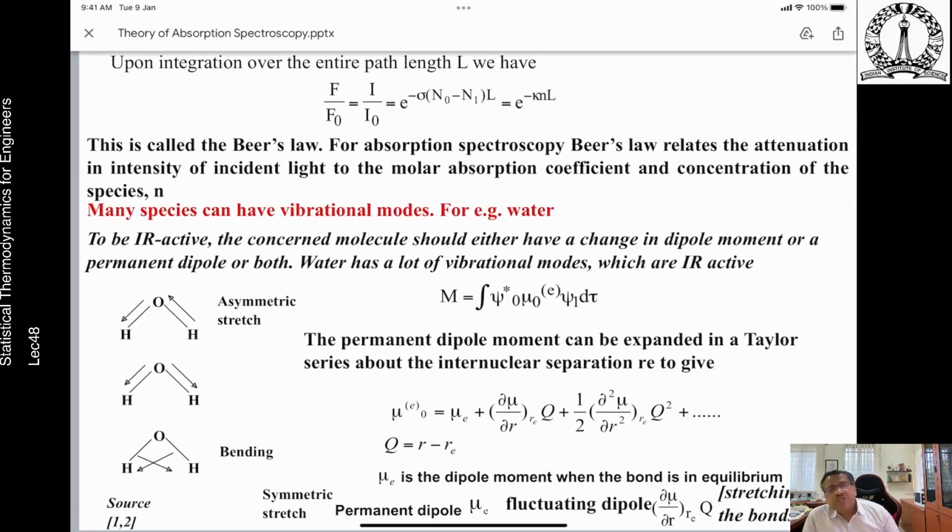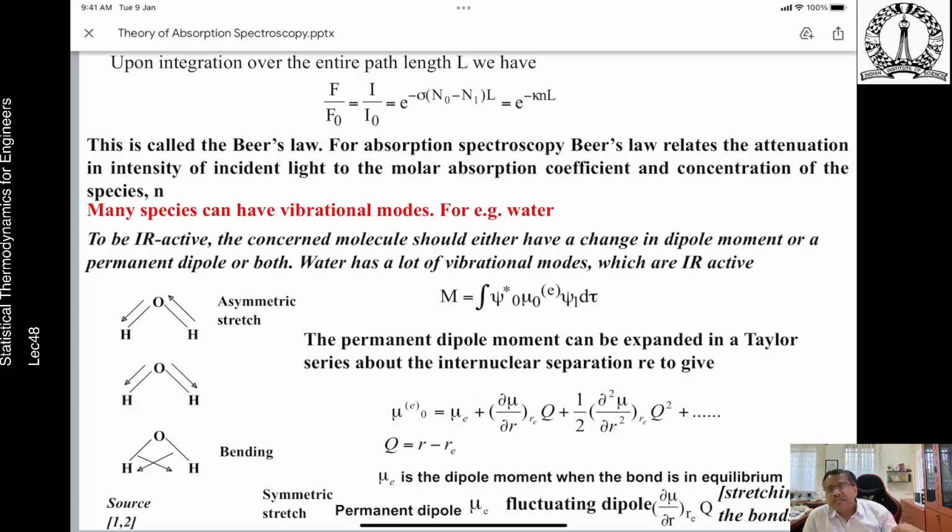In order to be IR active, the concerned molecule, we already said, should have either a change in the dipole moment or a permanent dipole or both. Water, for example, has a lot of vibrational bands which are IR active. That means the transition dipole moment for water is there.